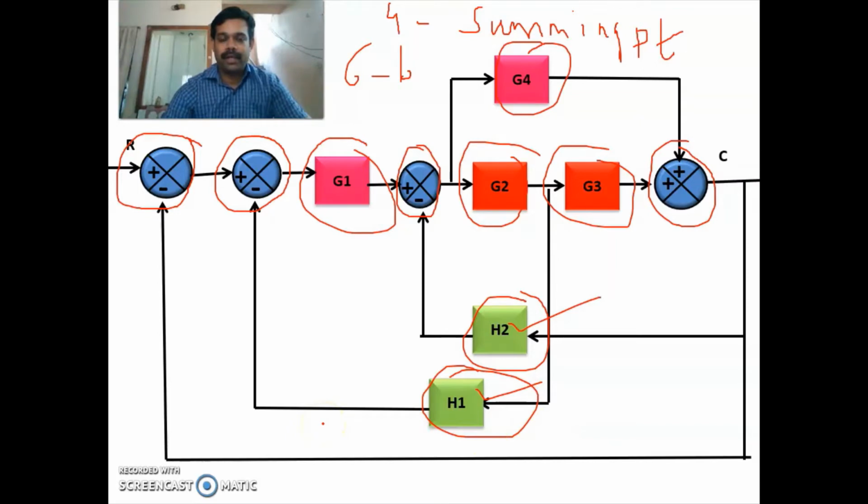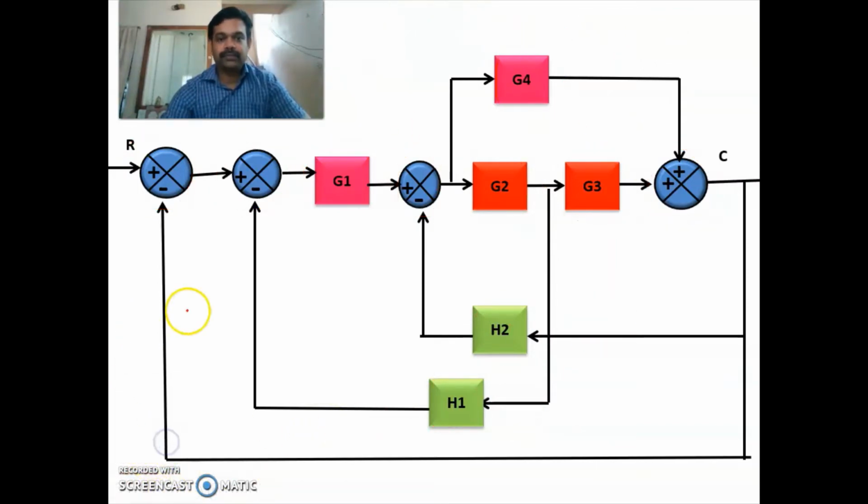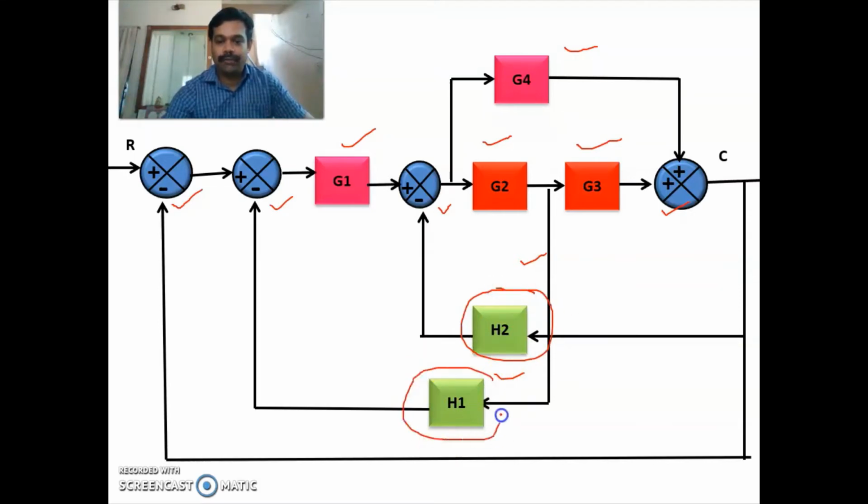So totally in this question, how many summing points are you having? 4 summing points. And how many blocks? 6 blocks. Of the 6 blocks, H2 and H1 are feedback.